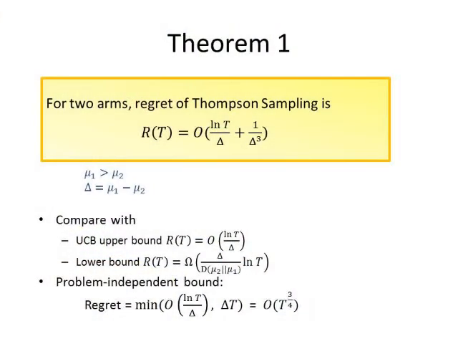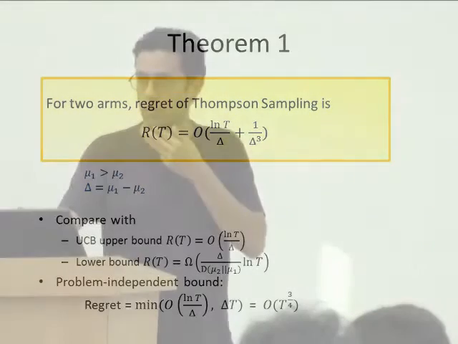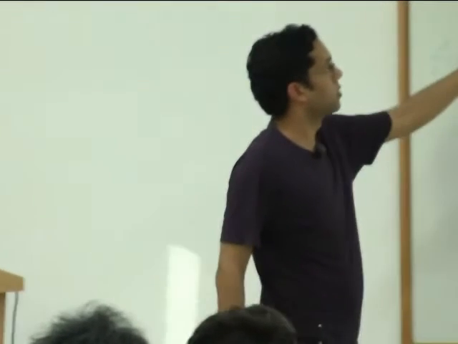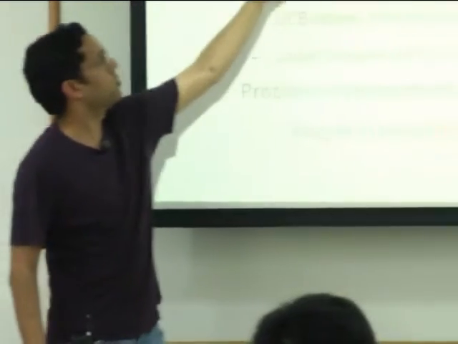Okay, so now I'll state our results. We show the case of 2 arms turns out to be simpler. So for the case of 2 arms, we show that regret of Thompson sampling is like log t over delta plus 1 over delta cubed. So delta is mu_1 minus mu_2, and I'm assuming mu_1 is greater than mu_2.